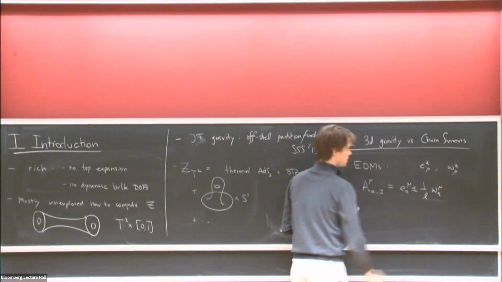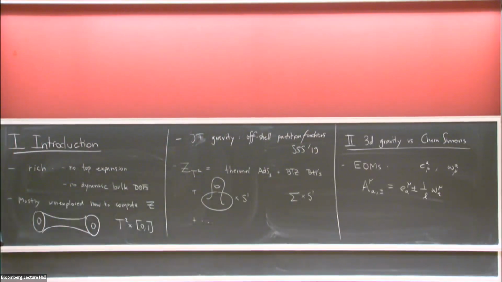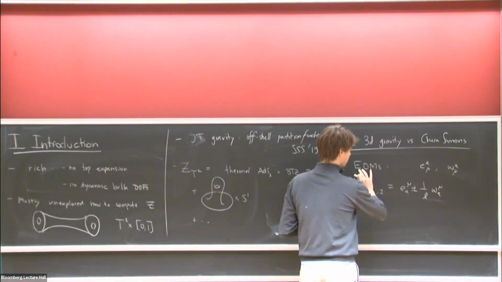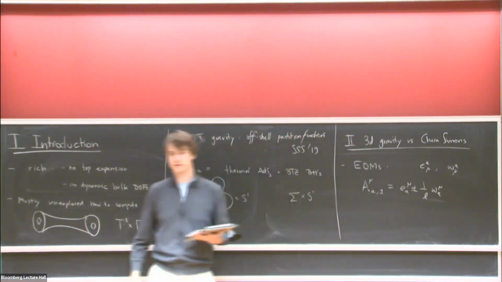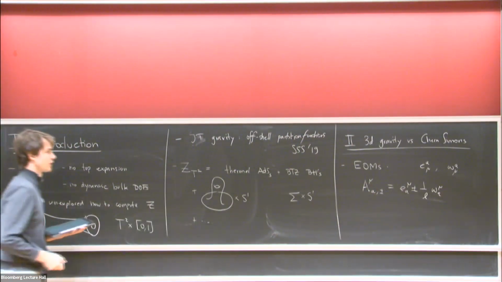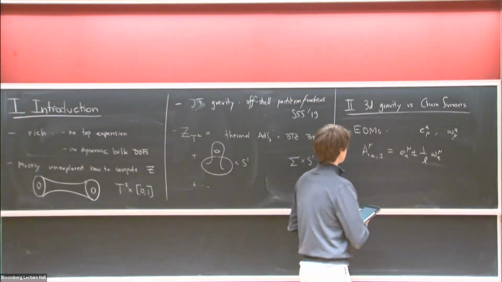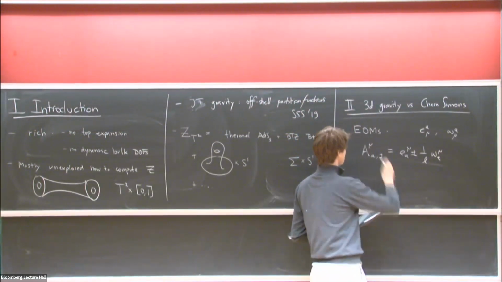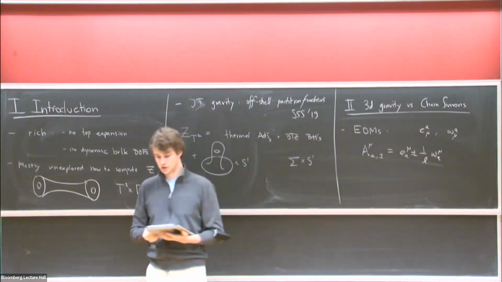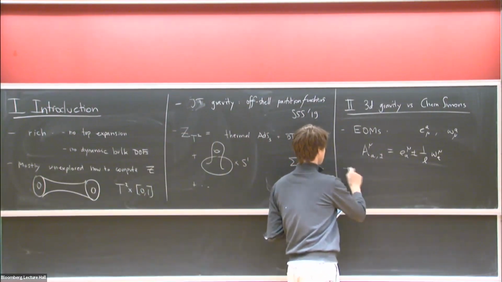If you form these linear combinations, then you get formally some SL(2,R) gauge fields, and you can check that the equations of motion of gravity just translate to the flatness of these two connections. And the flatness condition is just the equation of motion of Chern-Simons theory. So on the level of the equations of motion, 3D gravity really does have equivalent equations of motion as Chern-Simons theory. But I want to emphasize a little bit more that they're not the same.